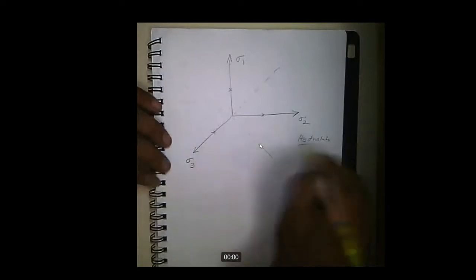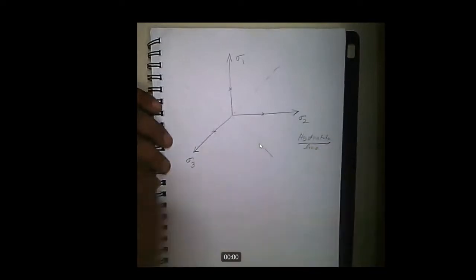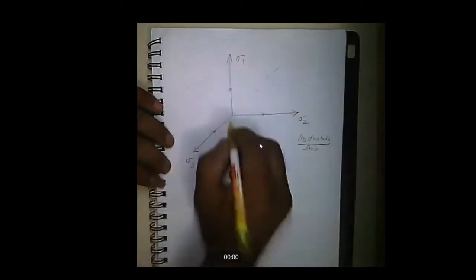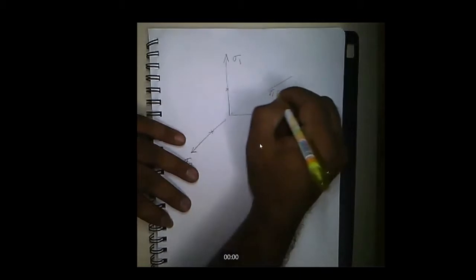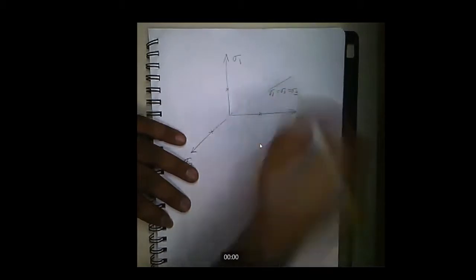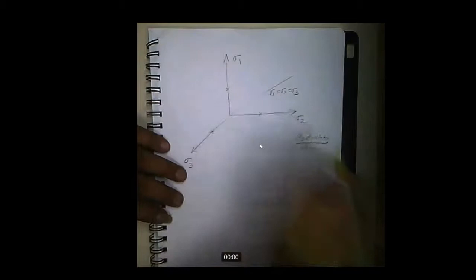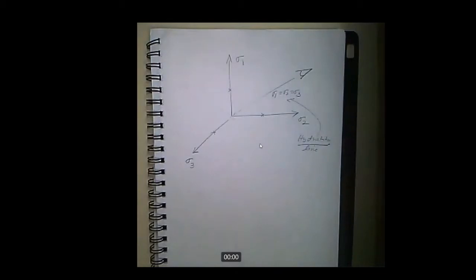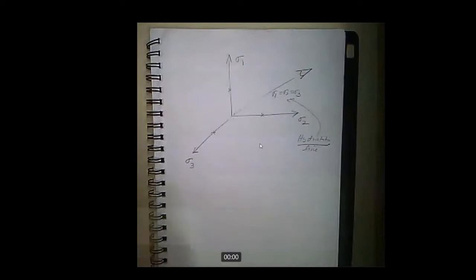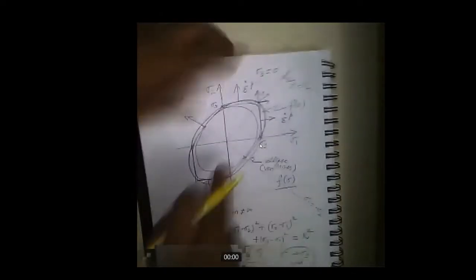It will be along the hydrostatic line. In other words, if I draw a line where sigma 1 equals sigma 2 equals sigma 3, I call this the hydrostatic line. And if I view from here, how will this look?